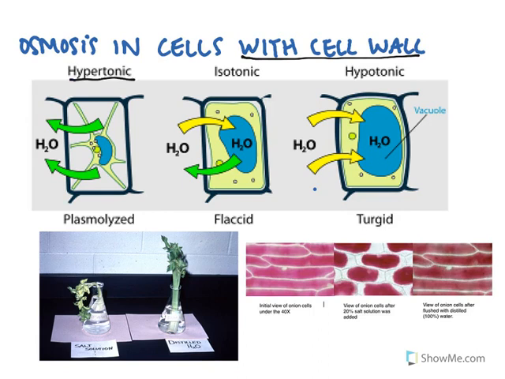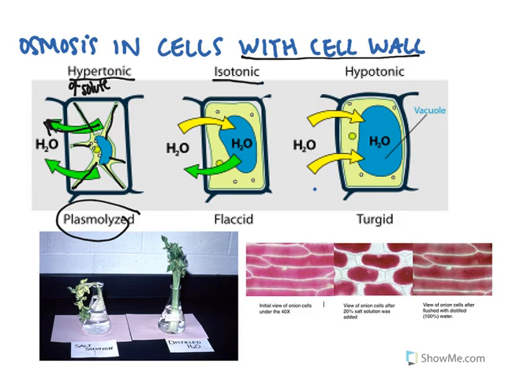So in a hypertonic solution, let's just say there is more solute on the outside, we know that water is going to leave. And what happens there is if too much water leaves, then the cell membrane detaches from the cell wall, and now your cell is plasmolyzed, shriveling up.